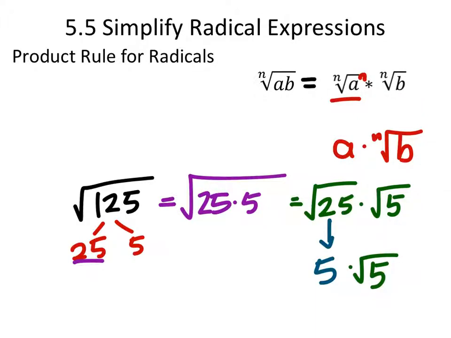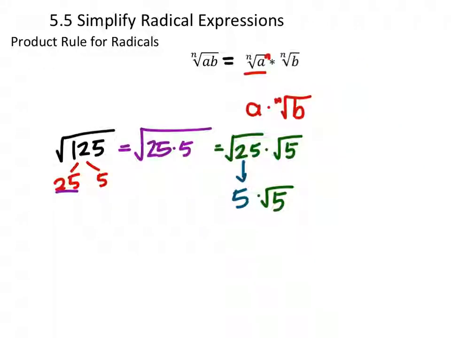We're looking for factors of this square root, whatever value it is, and we're looking for perfect squares of that number. Now before we start this lesson and look at some examples, we need to just, again, review the perfect squares, all right? That means we'll look at the first 12 perfect squares.